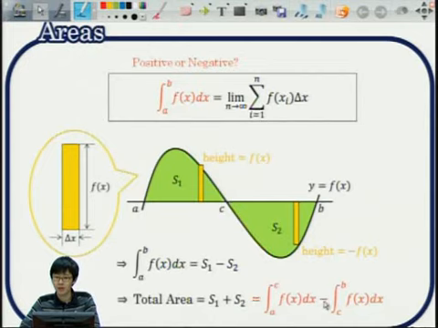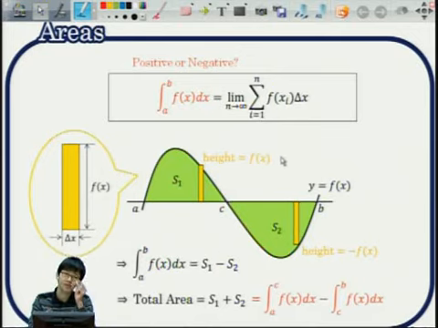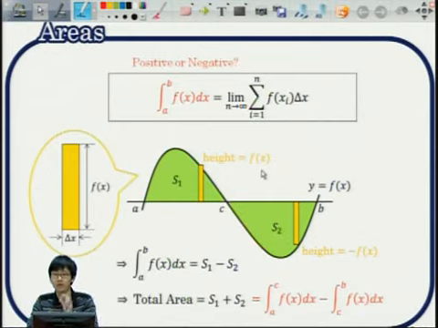If this is plus, then this C will be erased and added together, which means A to B will come out in the final integration, and this will be the same as this, and it will be S1 minus S2, which is not the total sum. Okay? So you have to think about the sign if the graph is drawn below the x-axis. Okay?